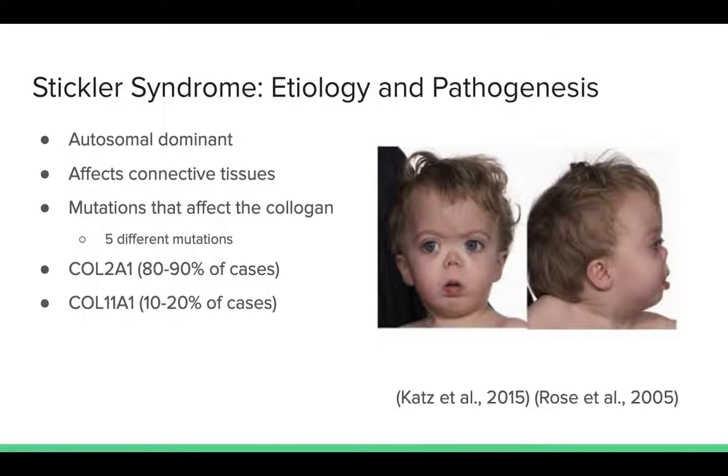The remaining mutations are extremely rare, and only a few cases have been documented thus far. So here's a picture of a little boy with Stickler syndrome. You can just kind of see the flattened features on the face.